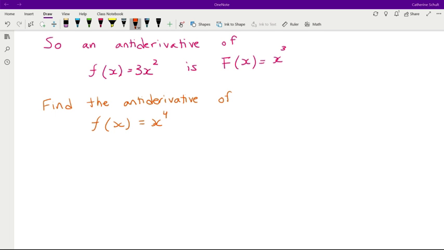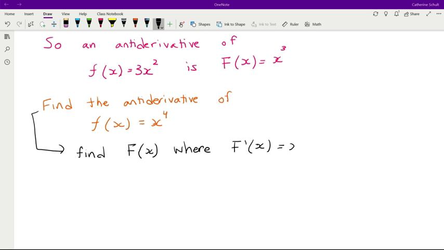What it's really saying is we want to find a big function F of x, where the derivative of that function is x to the 4th.